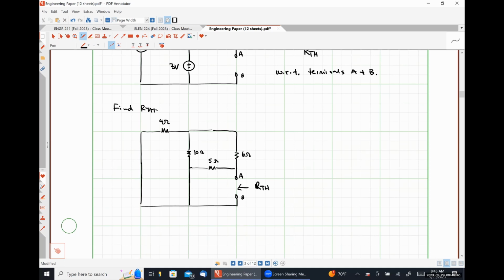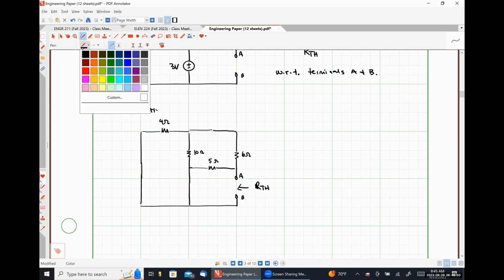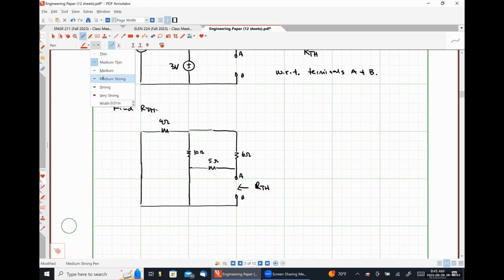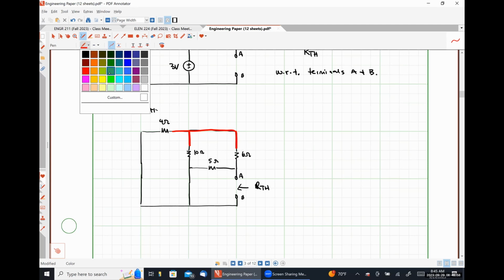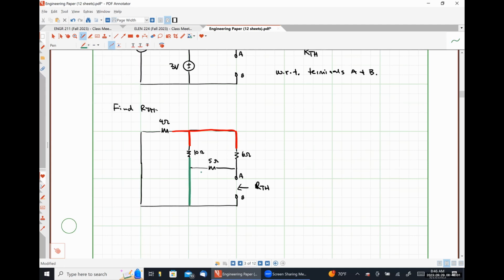I can't look at this thing directly and figure out what's going on, so I'm going to identify my nodes and do that kind of business. So here's one node. Here's another node. Here's a third node.